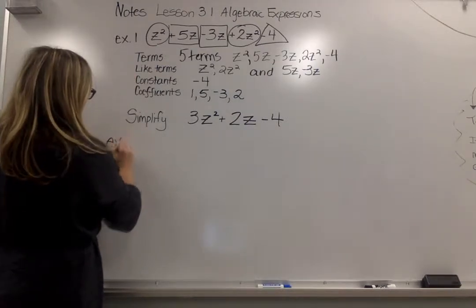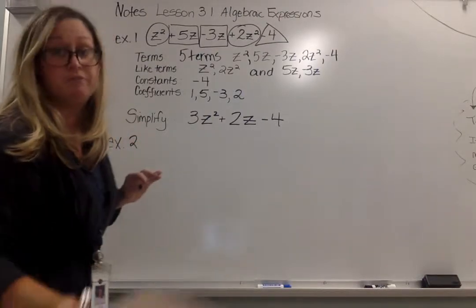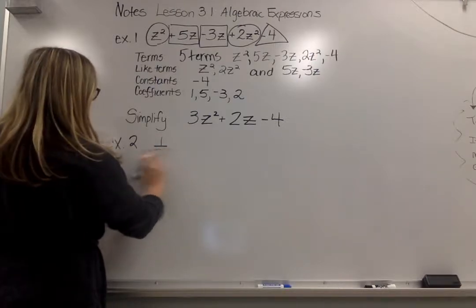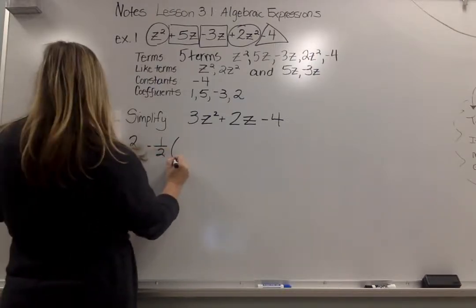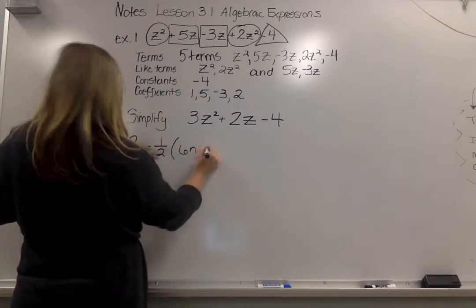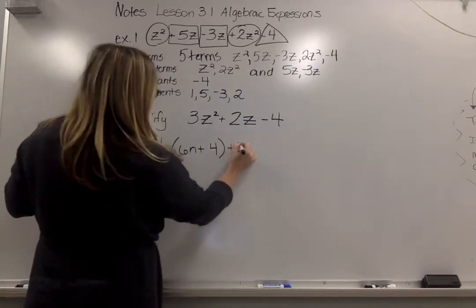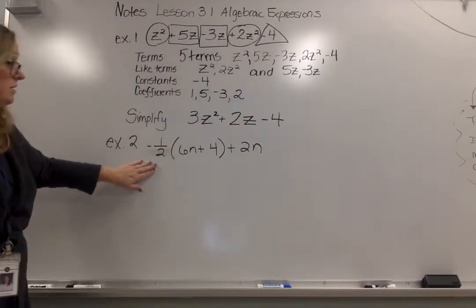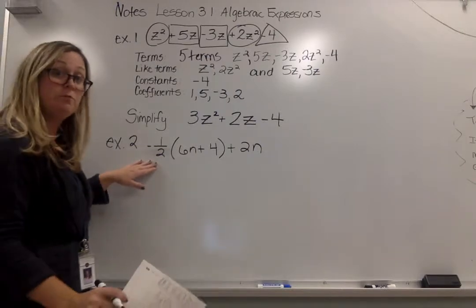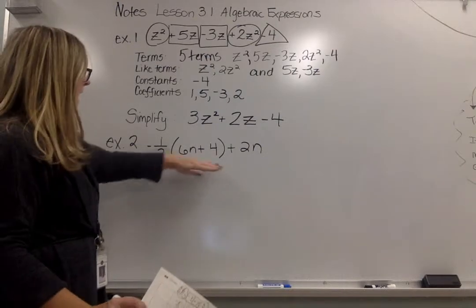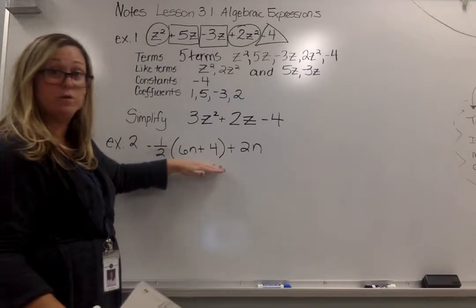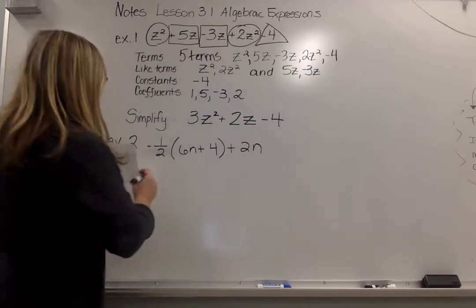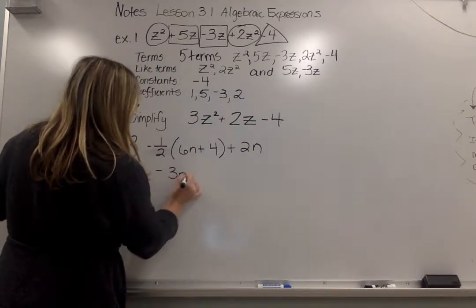All right, let's move ahead to more complex simplifying using the distributive property. So if I have the fraction negative 1/2 times the quantity 6n plus 4, plus 2n. If I am being asked to simplify this algebraic expression, I need to do the distributive property first. So I'm going to multiply. I have 6n plus 4. I have negative half of those. So negative half of 6n is negative 3n.